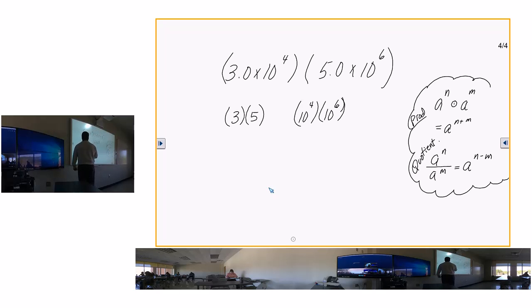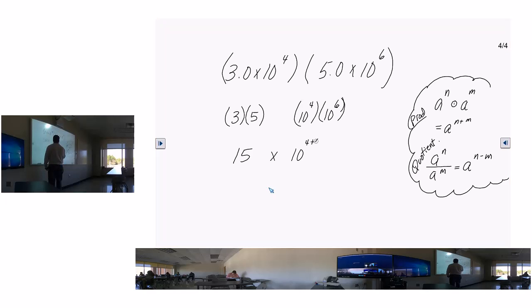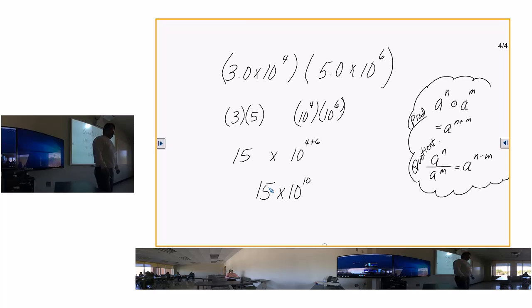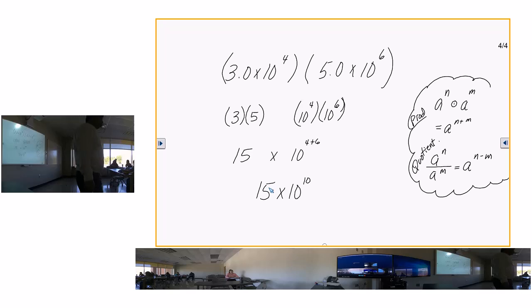So 3 times 5, I can do that. 15 times 10, and what am I going to do to those 2 exponents? And I get 15 times 10 to the 10th power. And I'm done, right? Yes or no? I can't hear you. I heard No. No, you're not done.